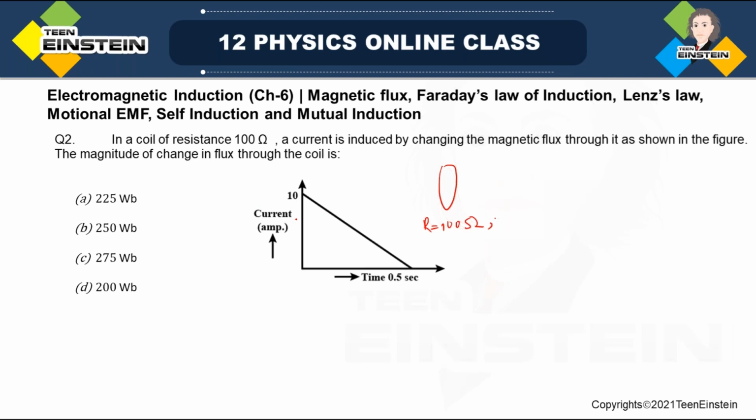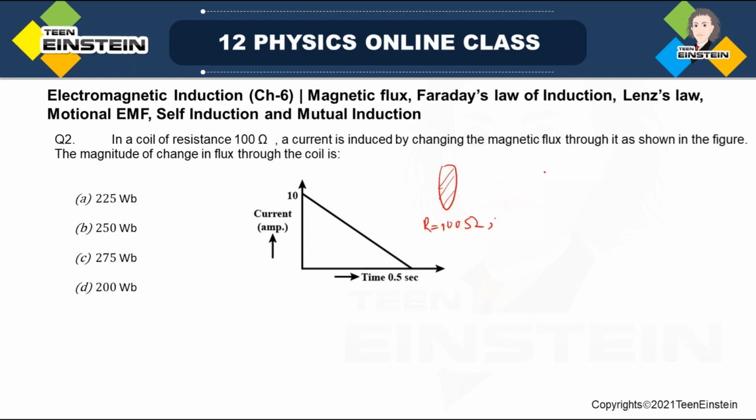See, this is the current which is changing with time. So this current change will actually induce an EMF here, because there will be change in the flux because of the change in current. So you have to find out the magnitude of the change in the flux through the coil.